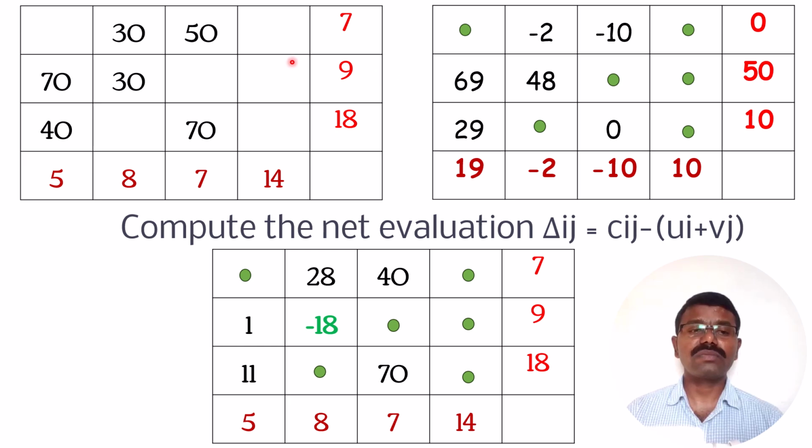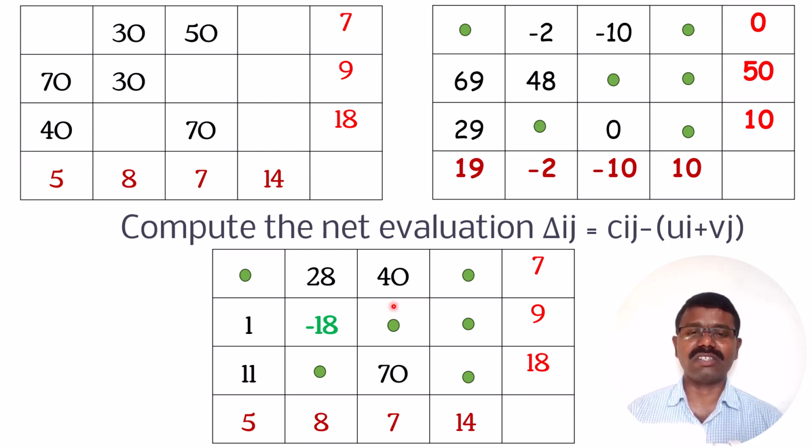Then if you see the first cell, that is allocated, so we will not modify anything there. Then the next cell is 30 minus minus 2, so this table minus this table, 30 minus minus 2, so it becomes 32. Sorry, it is 32. And 50 minus minus, so it becomes 60.